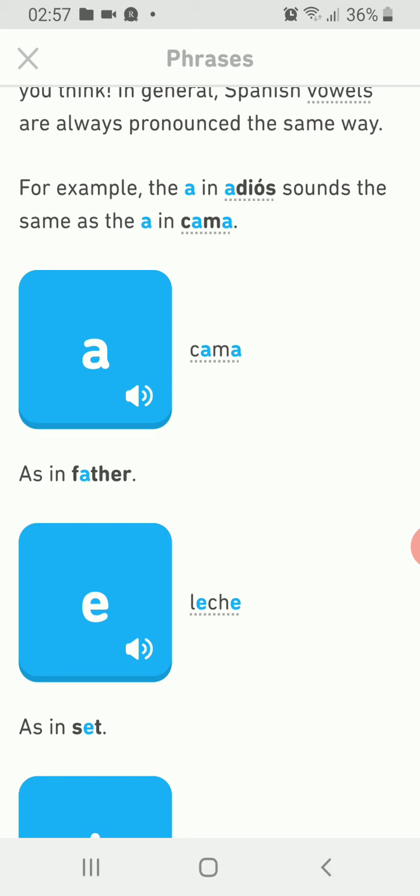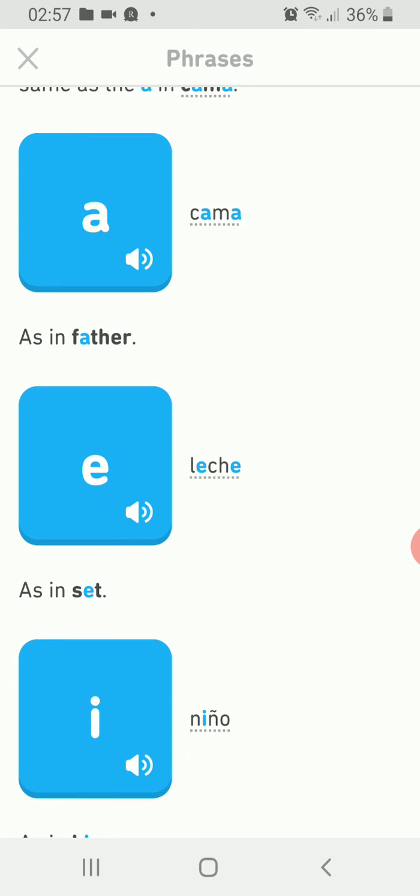So adios, the a sounds the same as in cama. Here we're looking at the blue letter a. Cama means bed. So it's a, as in father. It's not a but ah.